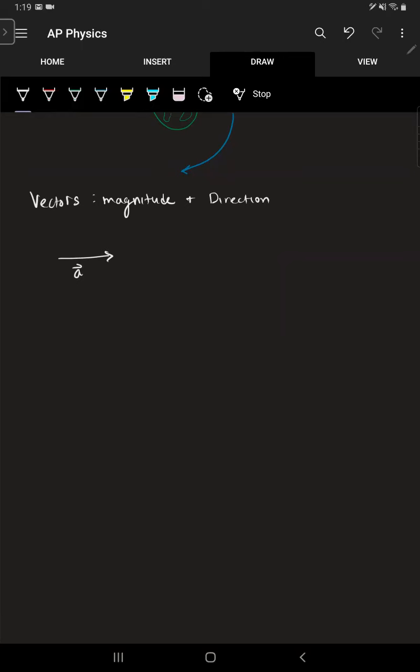A vector field is something, if you want to learn a lot about it, you go into differential equations. But a vector field is basically something, let me draw a coordinate grid. A vector field is a lot of vectors lined up that tell you the direction that something will go, right?